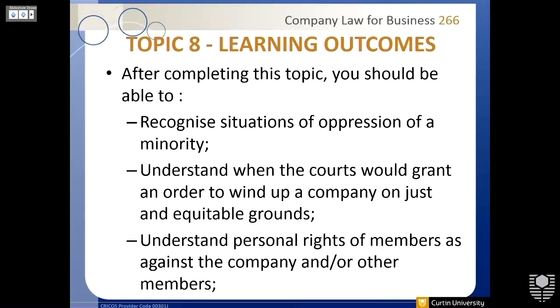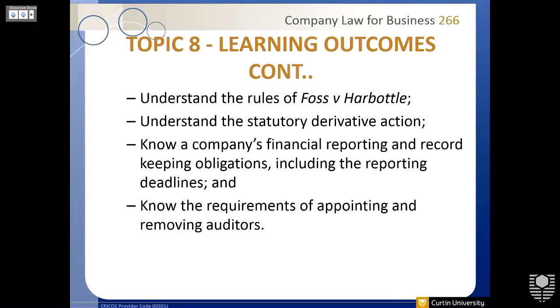Now, upon completion of this topic, you would recognize situations of oppression of a minority shareholder or a member, understand when the courts would grant an order to wind up a company on just and equitable grounds under Section 461, understand personal rights of members as against the company and other members, understand the rules of Foss and Harbottle.